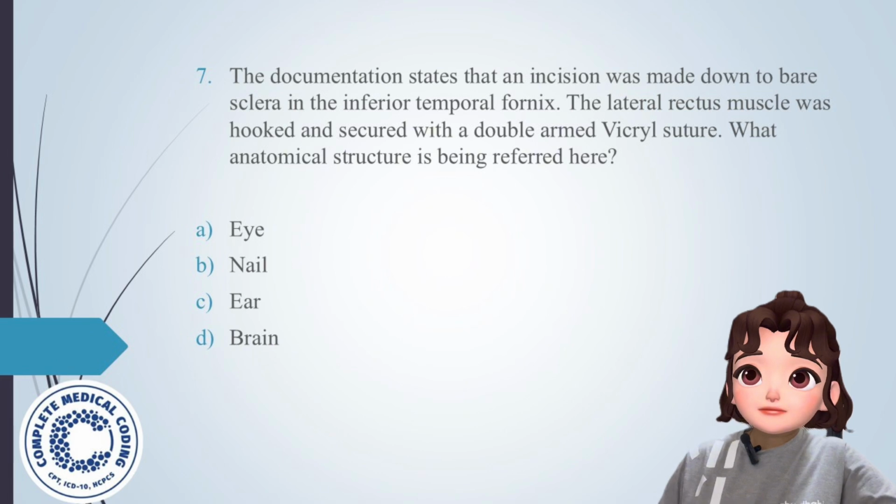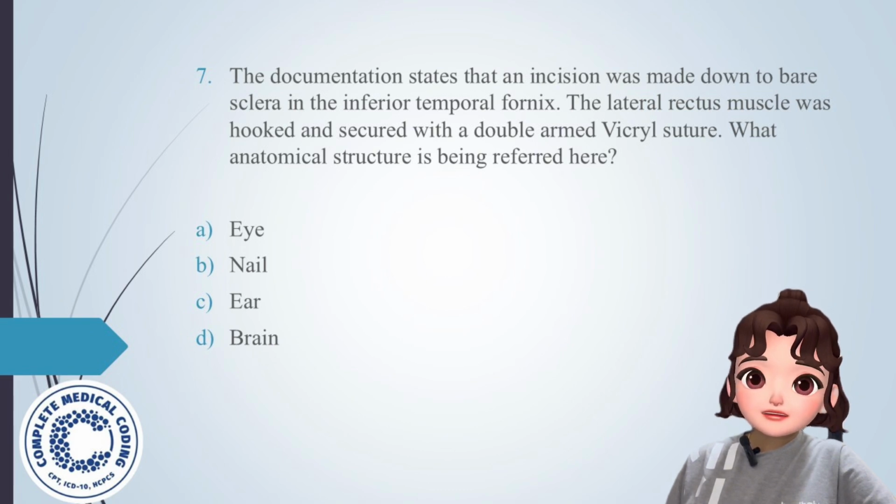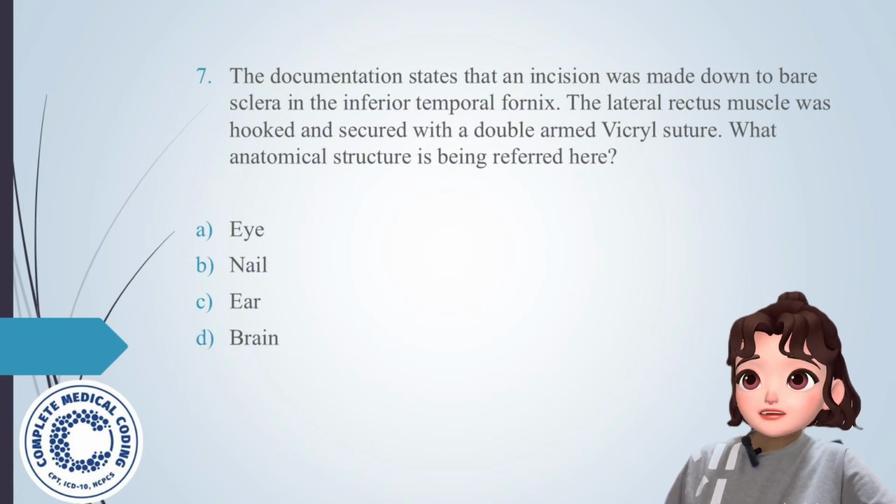Now 7th question. The documentation states that an incision was made down to bare sclera in the inferior temporal fornix. The lateral rectus muscle was hooked and secured with a double-armed vicryl suture. What anatomical structure is being referred to here? If you read the question carefully, you will get the anatomical structure.